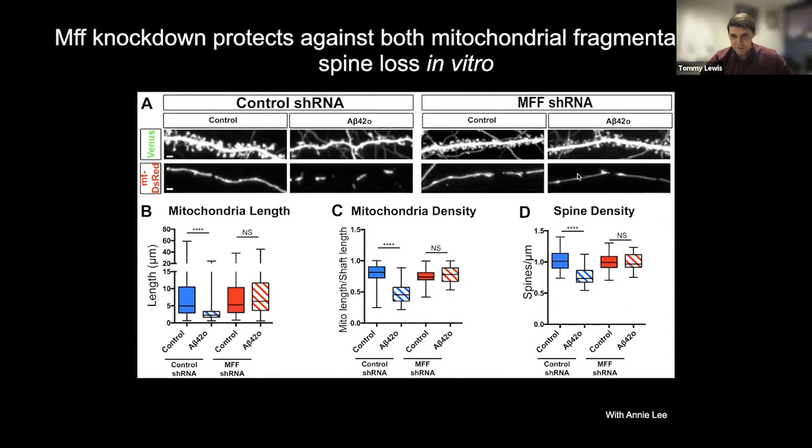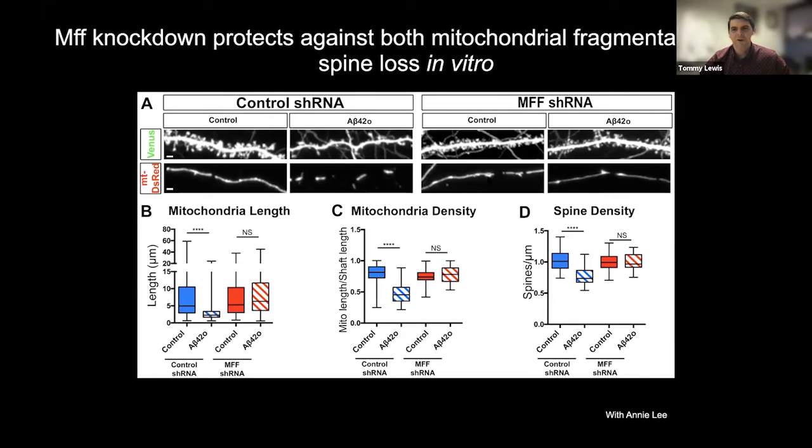And you can see that when we knock down MFF, again, this rescues mitochondrial fragmentation phenotype and rescues the spine loss phenotype. So this got us excited, but as I previously showed you, knocking down MFF all over the cell is probably not a good strategy either, right? Because this probably has negative impacts on the axon, even if it's having a positive impact in the dendrite.